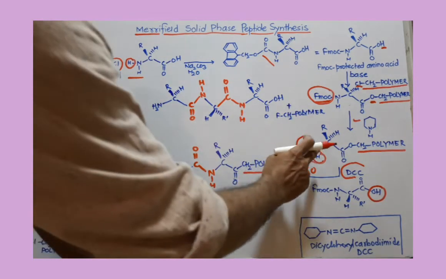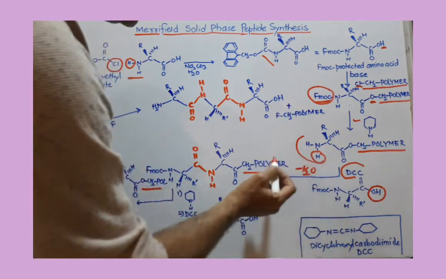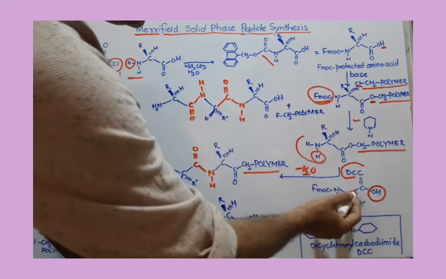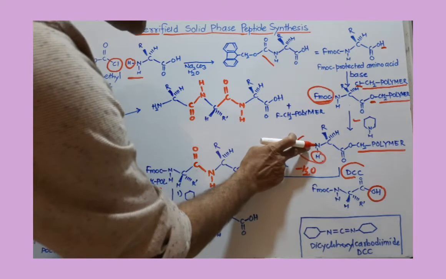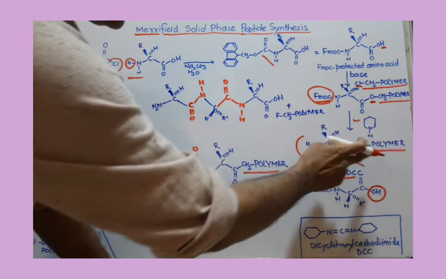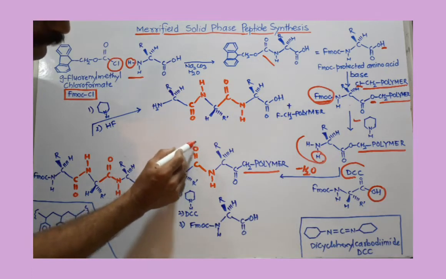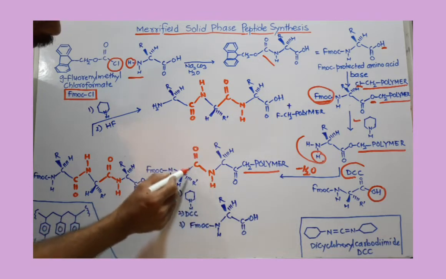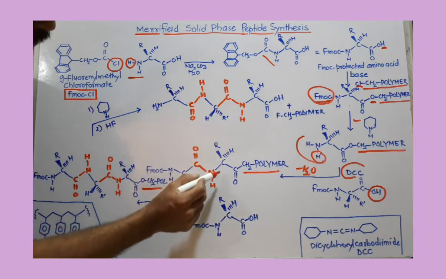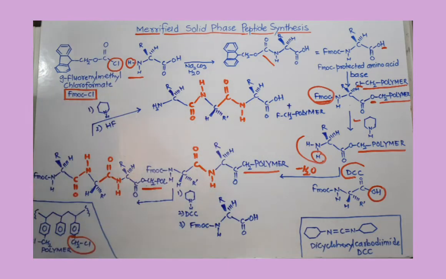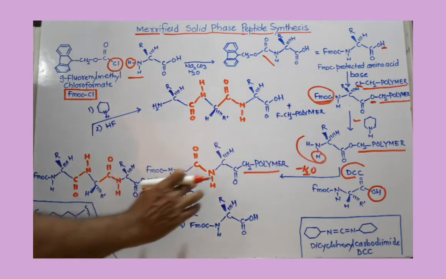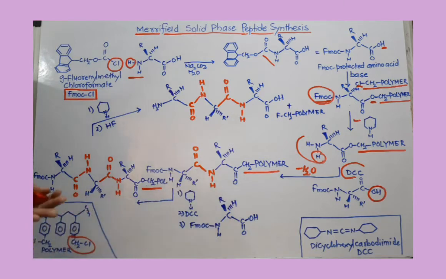Now once we remove that water, this amino acid is now attached to this amino acid on this polymer. So that I have shown here by using this red color. You can see here a peptide linkage is produced between the two amino acids. In fact, a dipeptide is produced here.